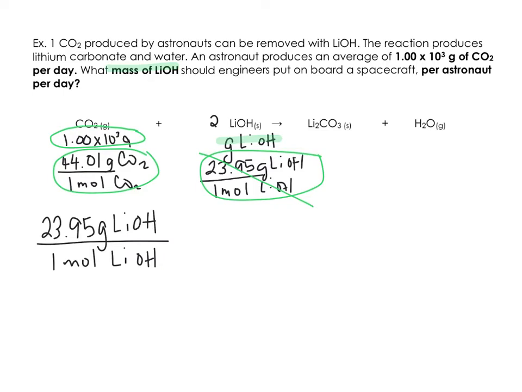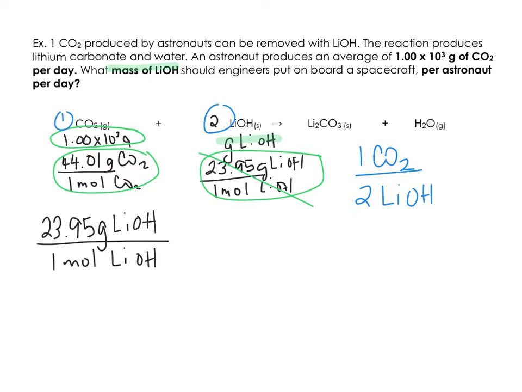So what we're missing is our mole ratio. And our mole ratio is, there's 1 carbon dioxide for every 2 lithium hydroxides. And I got those from the balanced chemical equation, the coefficients in the balanced chemical equation.